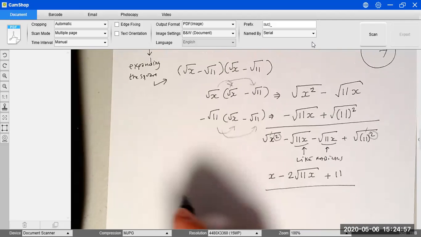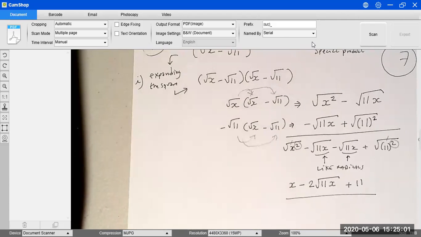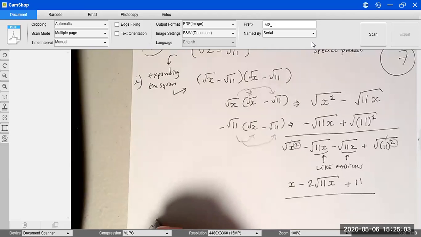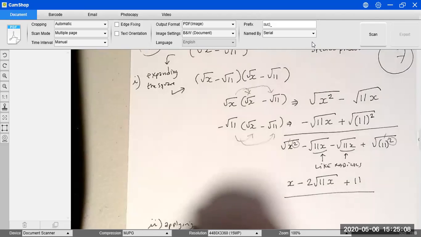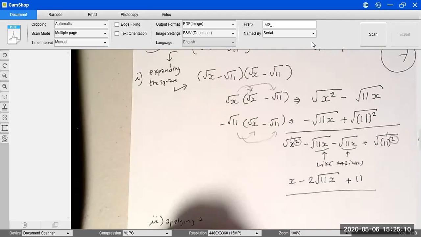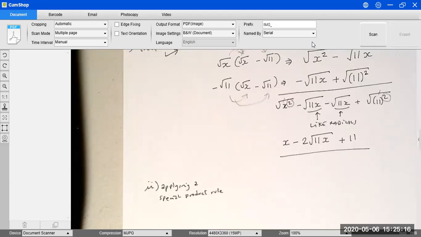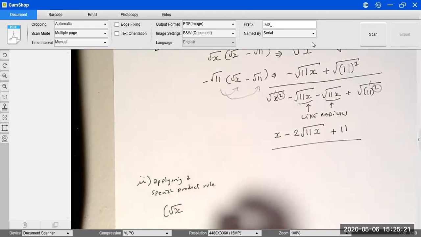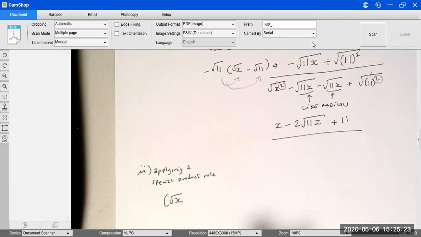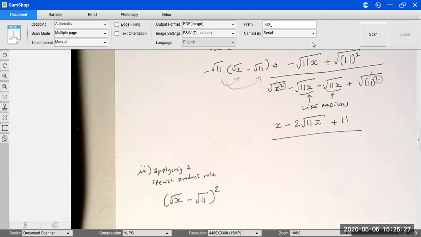So that's one way to do this, by expanding the square. The other way is going to be by applying a special product rule. So I'm going to write the original problem, which is the square root of x minus the square root of 11, and we're going to square this.